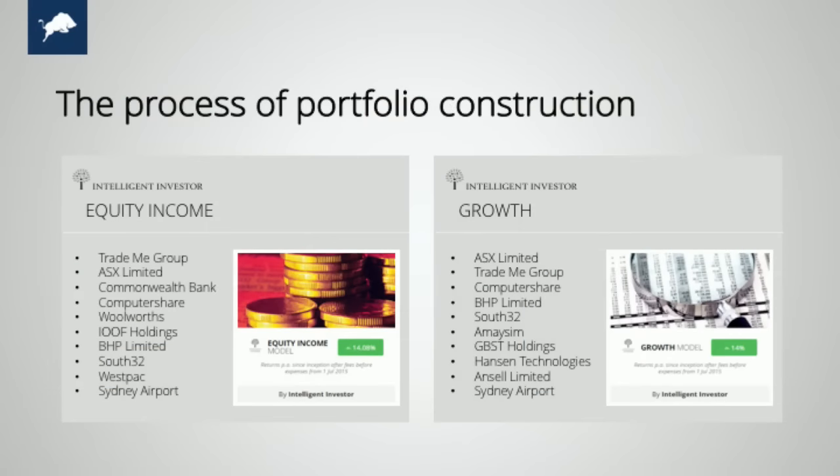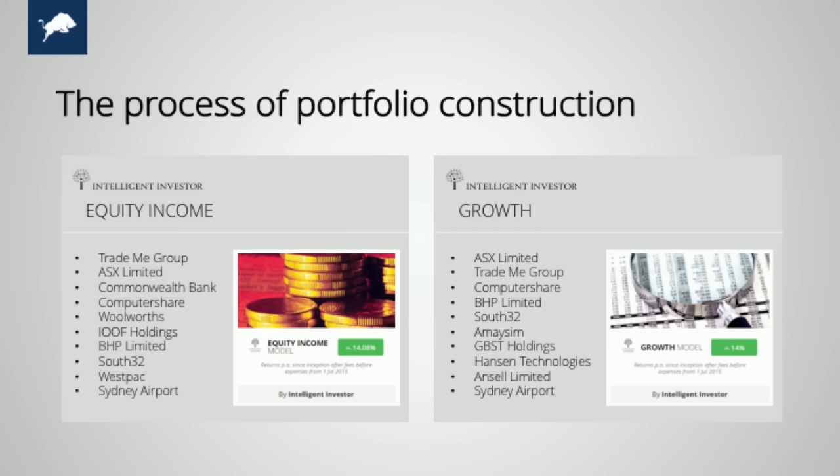So speaking of that, the process of portfolio construction, on this slide here, it does show you the top 10 holdings in both the Intelligent Investor Equity Income portfolio and the Intelligent Investor Growth portfolio. You will notice, if you look at the entire list, as you can do on our website, quite a crossover in shares on the growth portfolio and on the income portfolio.